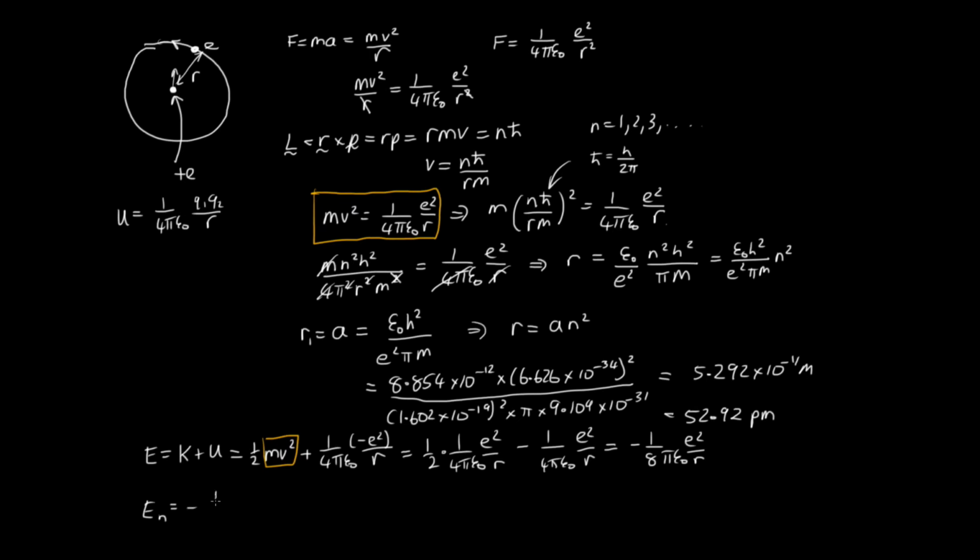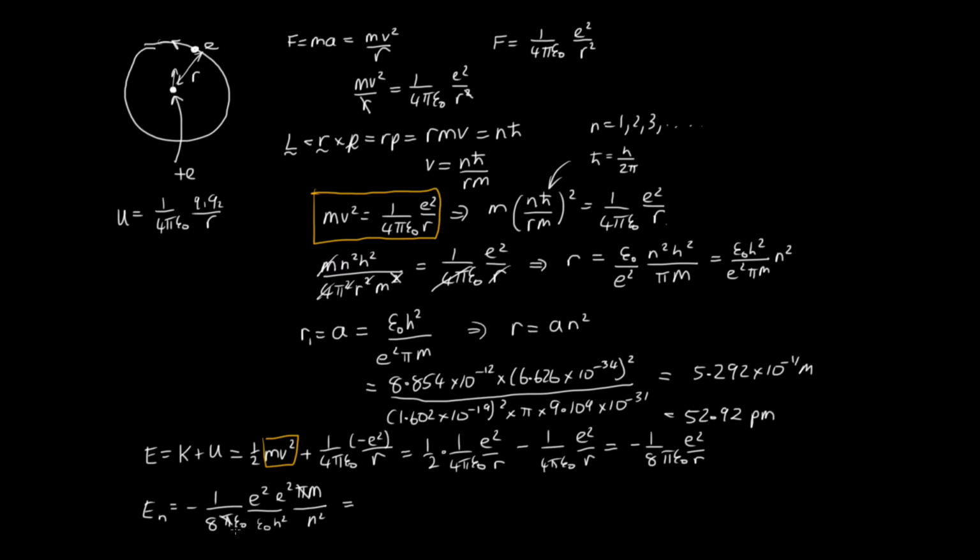So we've got minus 1 over 8 pi epsilon naught e squared, and now we're substituting in for r. r is equal to epsilon naught h squared, divided by, so that goes up the top, e squared pi m, and that's for r1, but r is a times n squared, so that n squared ends up on the bottom. Okay, so let's do some simplification.